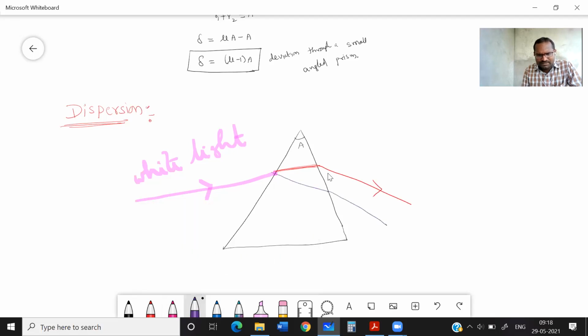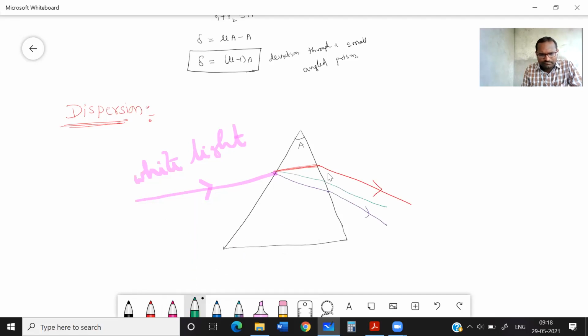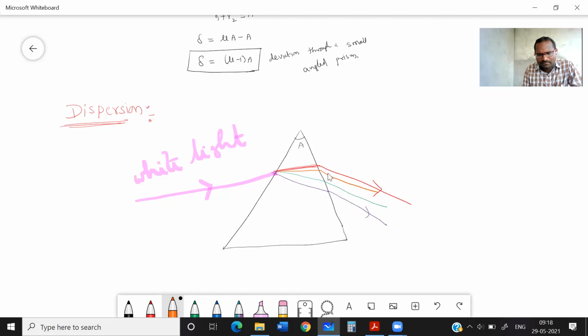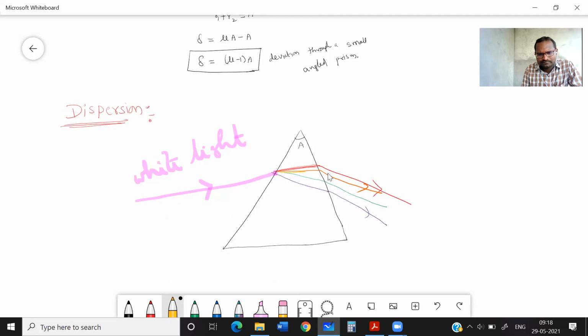Like this, it will split into 7 colors. That phenomenon we call dispersion.